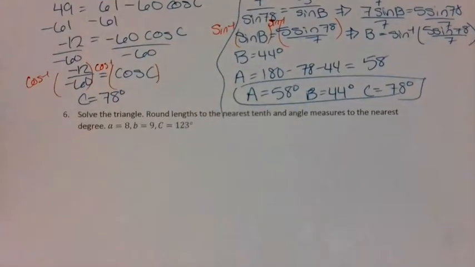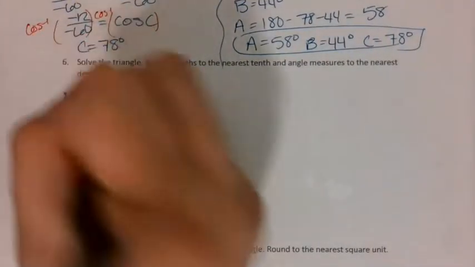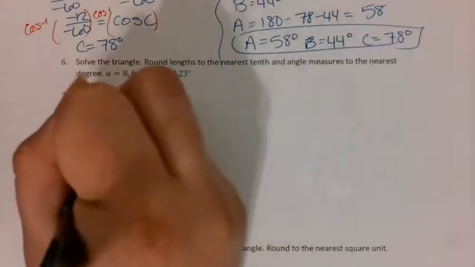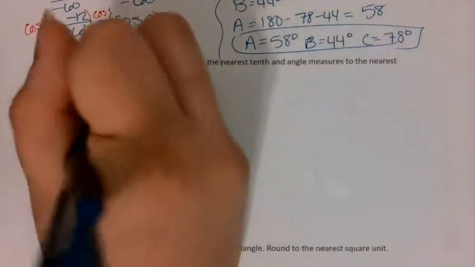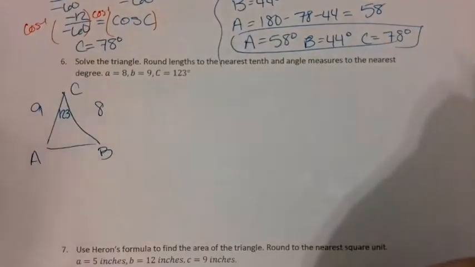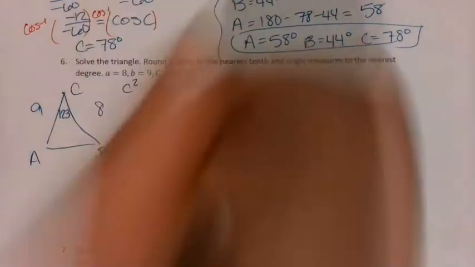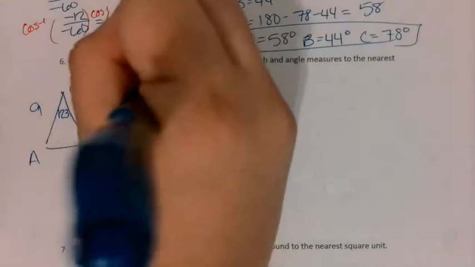Okay, on number 6, I'm going to draw my triangle. I know A is 8, B is 9, C is 123. So because I have an angle in between two sides, this is going to be the law of cosines. I don't know what my C side length is, so that's what I'm solving for.